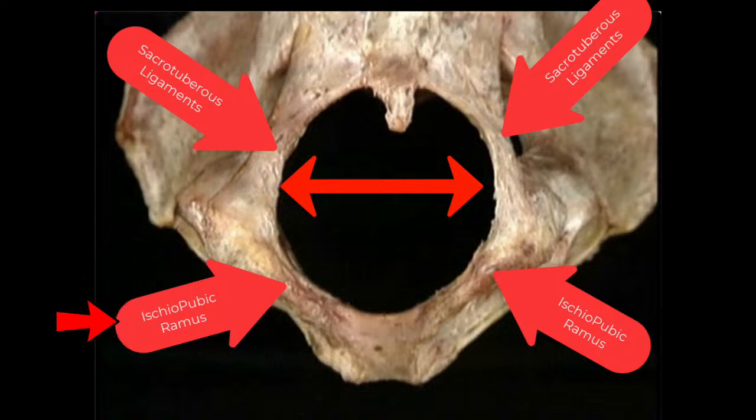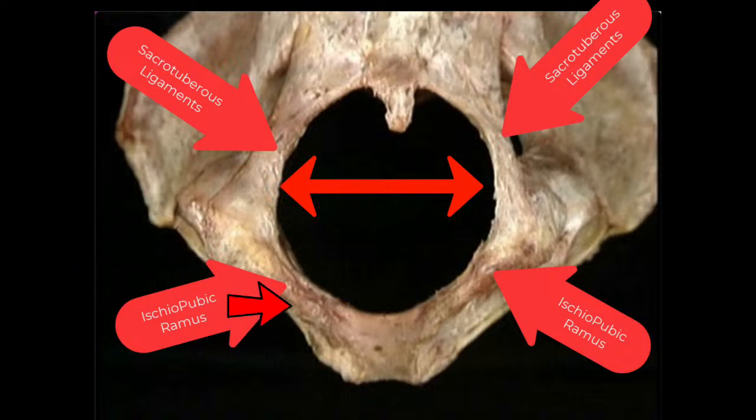This word here, ischiopubic ramus. So ischio is to do with your ischium, so that's your sit bones, so that's here, and then pubic is obviously your pubic bone around the front, and a ramus is a branch. So this area here is the branch between your ischium and your pubis. Okay, so that's what that bone just in there is.